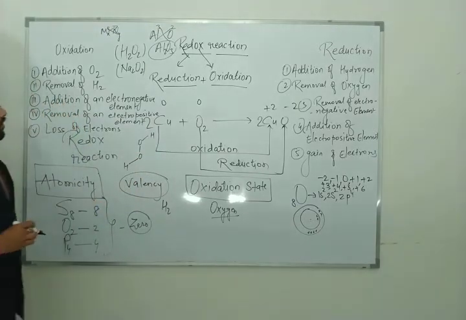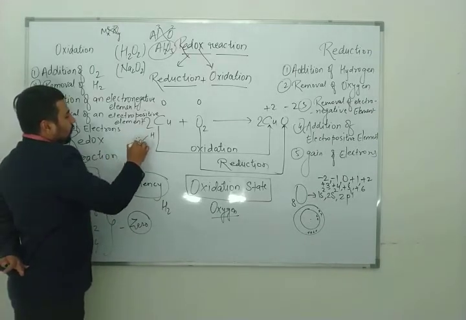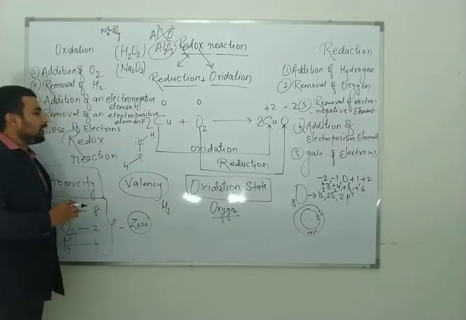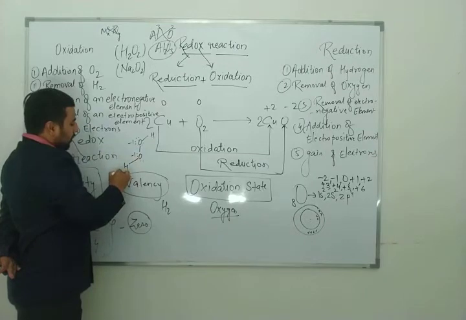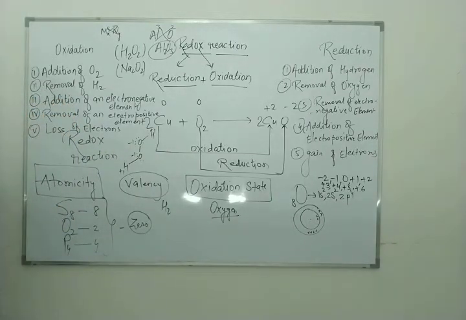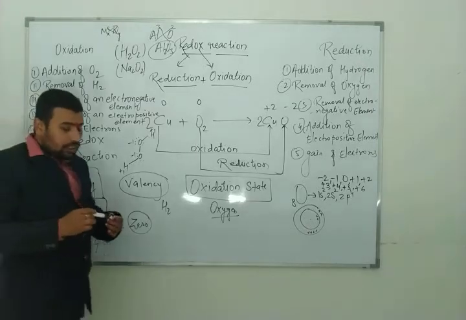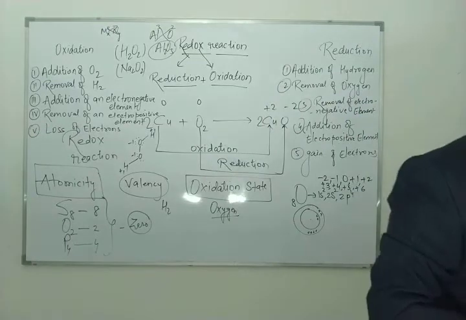The structure of this compound is the open book system. So you can see here, oxygen is in -1, here also -1, and hydrogen is +1 and +1. So the oxidation state of oxygen in hydrogen peroxide is -1.